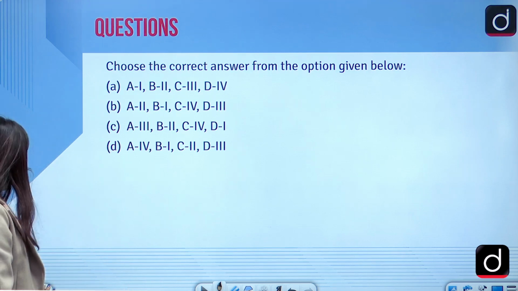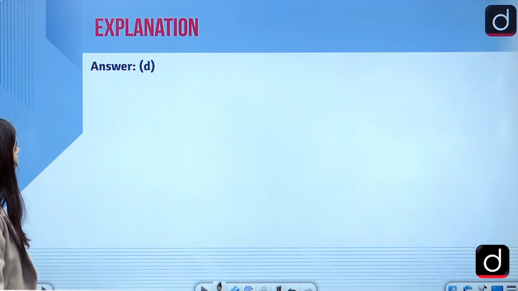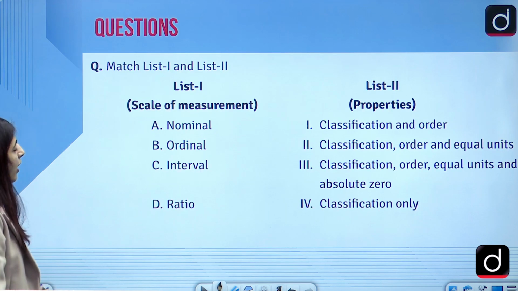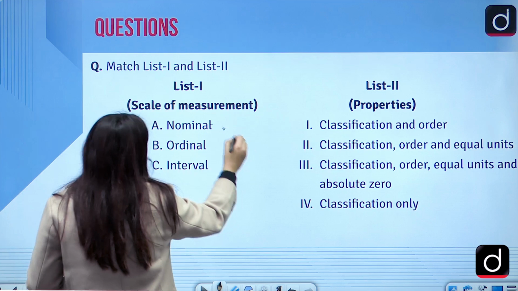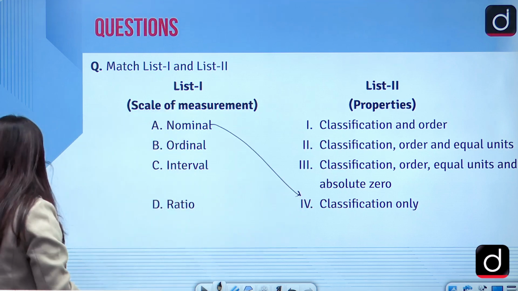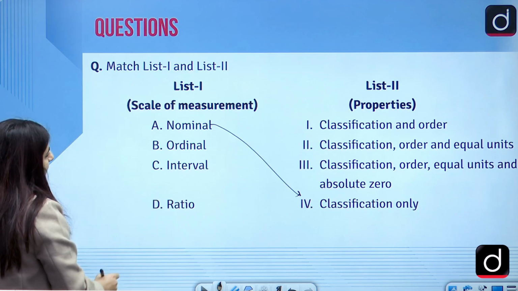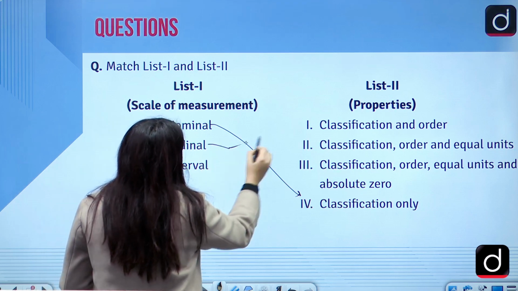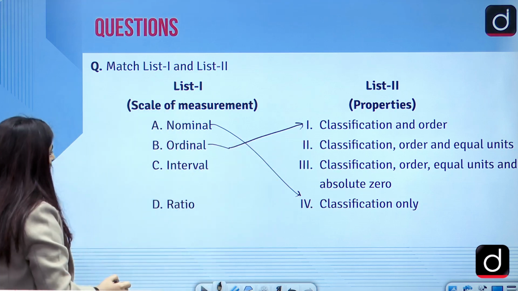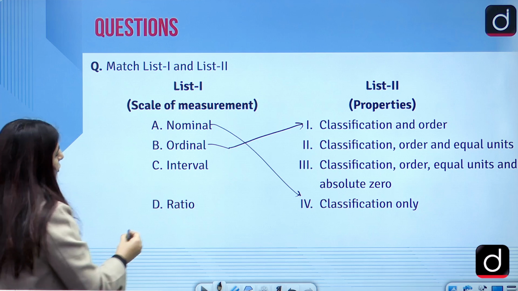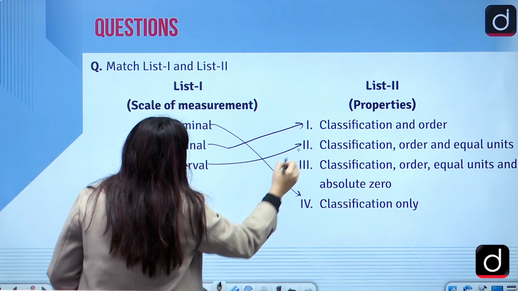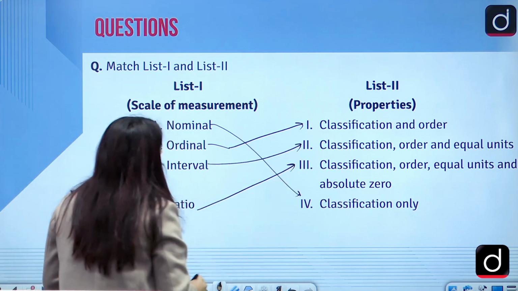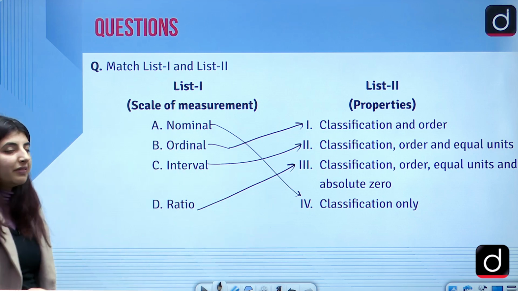Right? So moving forward, the answer to this question is option D. And what do we have as option D? A stands for classification only. B stands for ordinal, that is classification. B stands for 1 only. C stands for 2, right? And D stands for 3, which I already have talked about in the previous slide.